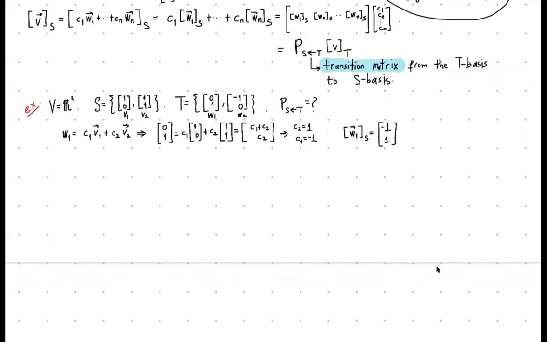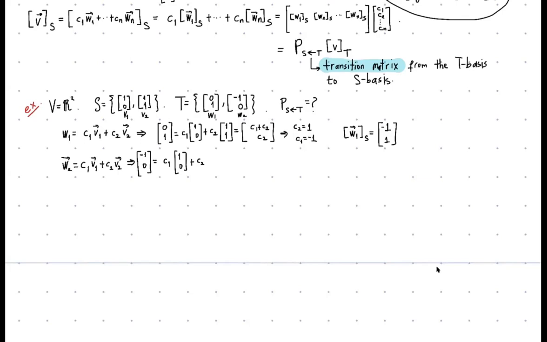Okay, let's do it for W2. For W2, again, let's write it C1 V1 plus C2 V2. And this will give me what? What is W2? W2 is -1 and 0. So I can write this as C1 times V1 plus C2 times V2.